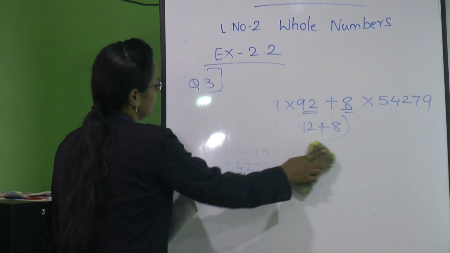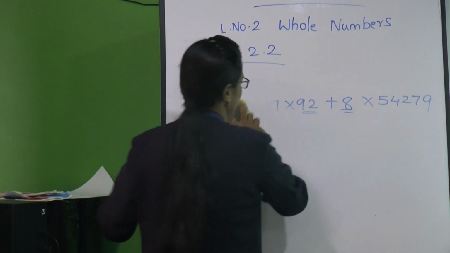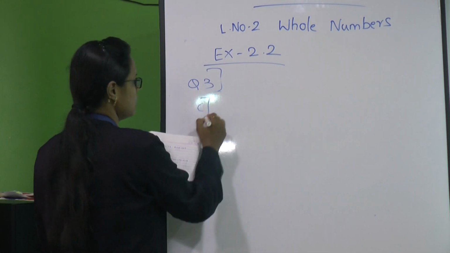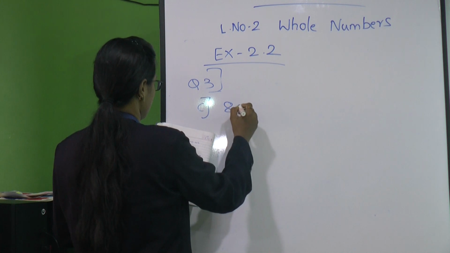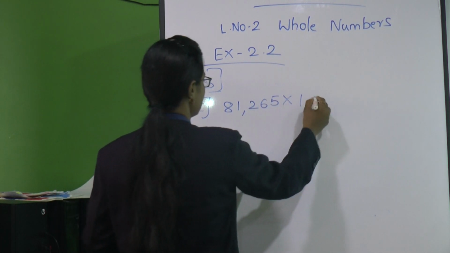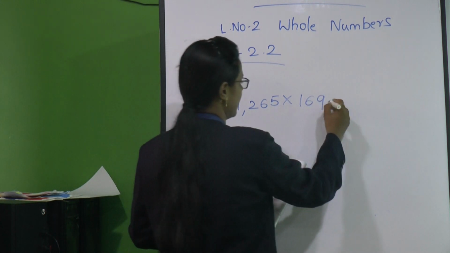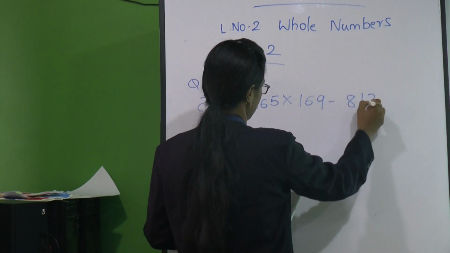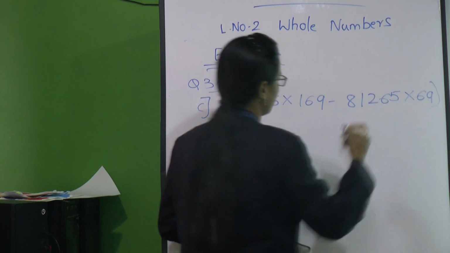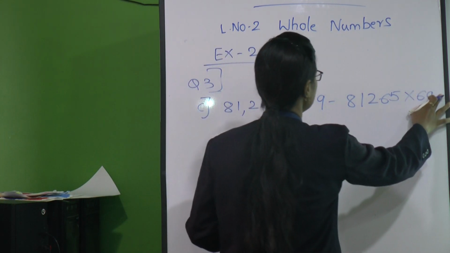Now till now we have done the addition. Let us solve one example of subtracting. C1, see here, 81,265 into 169 minus 81,265 into 69. Okay. So this is the question.